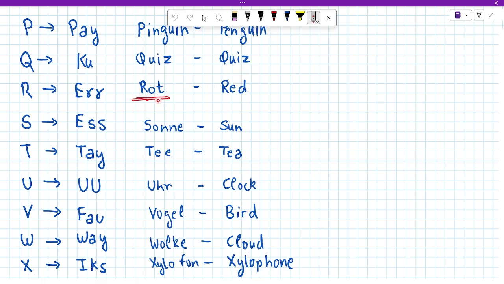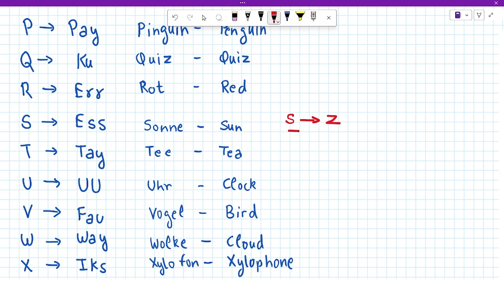Then Rot, which stands for red in English. And in German we pronounce S as Z. So let me just write it. In German, S has the sound of Z. So it's not son, it's zone. Zone, which is sun in English.